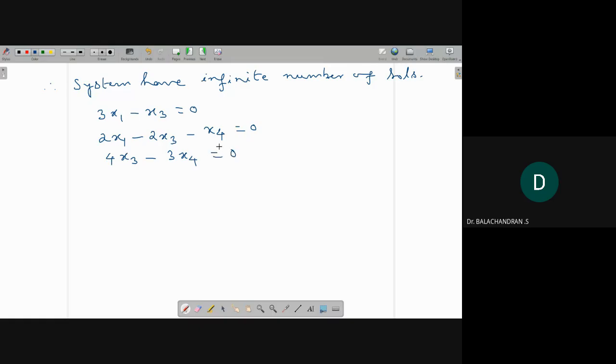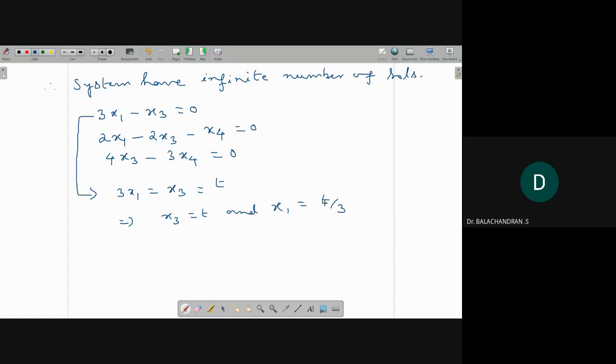Okay. So now, from the first equation, 3x1 equal to x3. So I will take x3 equal to some t. So this implies x3 equal to t and x1 equal to t by 3.